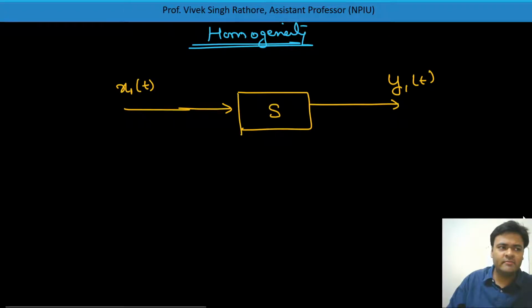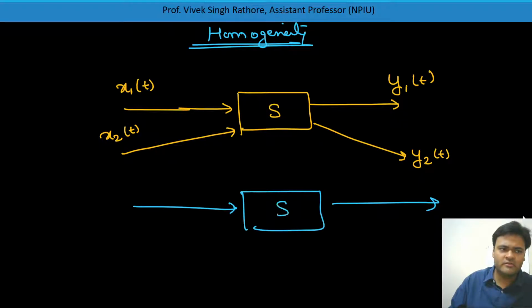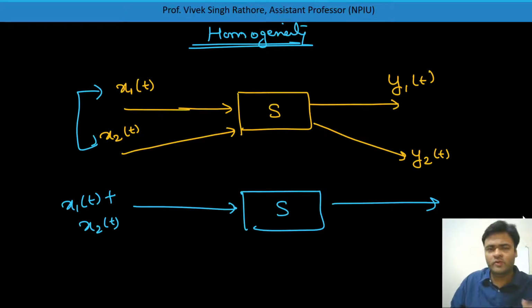Now for the same system, if you are applying x2(t), and if you are getting output as y2(t) for the same system, now if you apply x1(t) plus x2(t), it means you are combining both signals and giving input to that system.